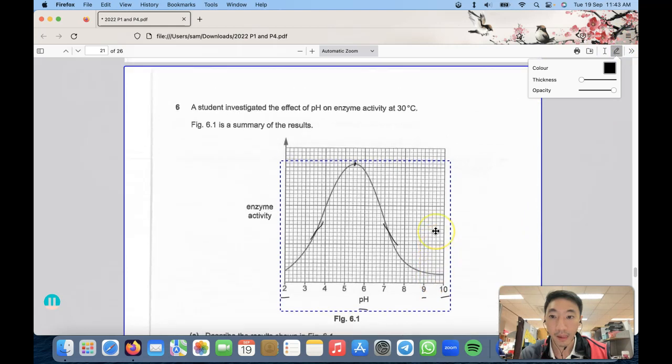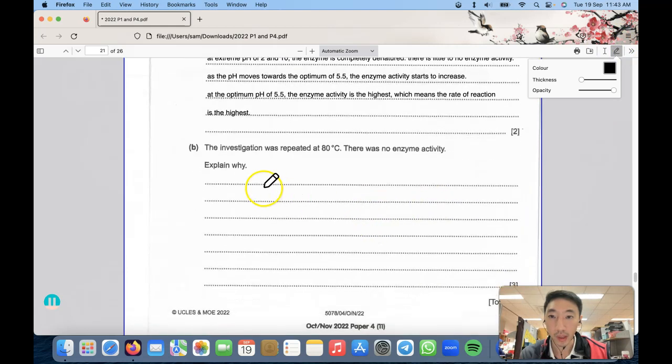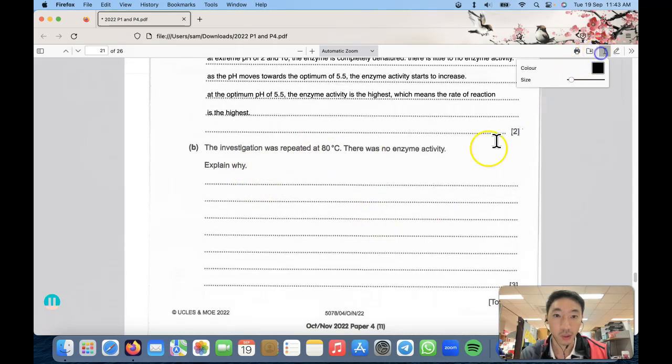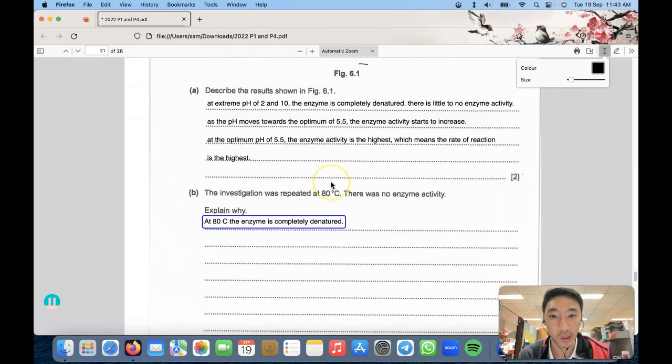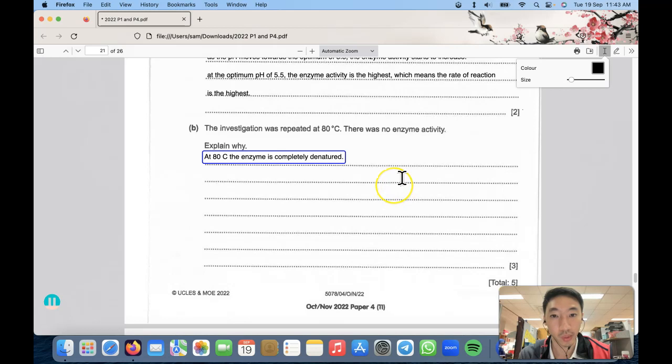Okay, now we have the investigation repeated at 80 degrees Celsius. It says there's no enzyme activity, explain why. Okay, at 80 degrees Celsius, remember to draw that small circle, I can't draw that small. The enzyme is completely denatured. Now we're going to use the lock and key hypothesis to explain why.